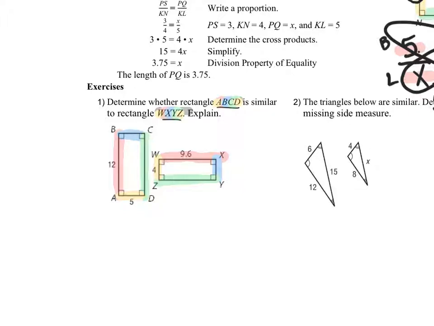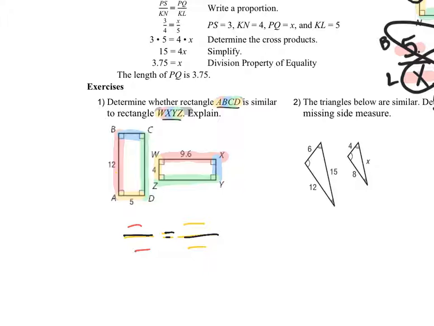Now we write the proportion. Okay, so we write the proportion here. I would say red, red, red, red, and then yellow, yellow. Okay, so if I need to change that color.